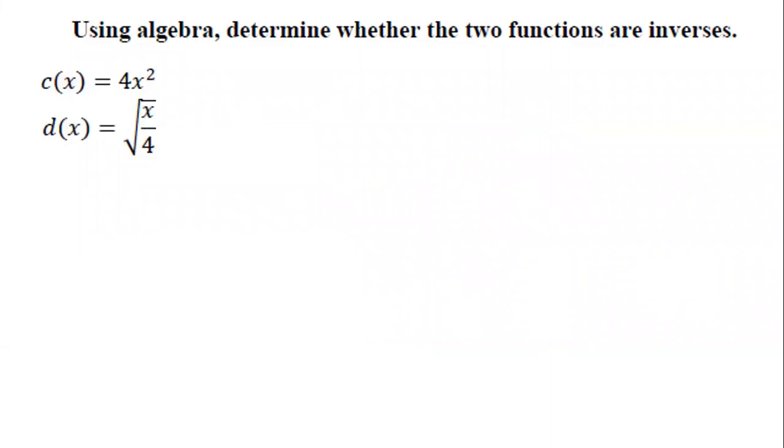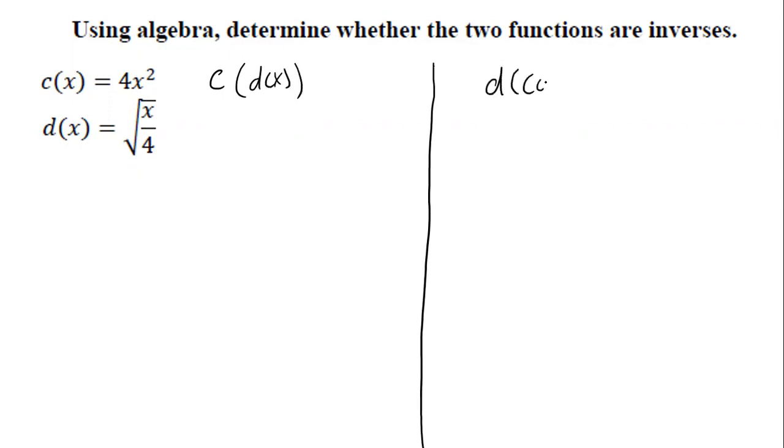All right, let's try this one. So now we have c of x equals 4x squared, d of x equals the square root of x over 4. Okay, so we're going to test it out. So we have c composed of d of x, and then we have d composed of c of x.